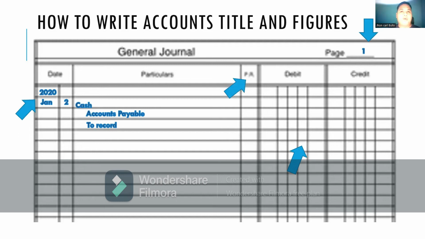PR stands for the posting reference that might be found on the chart of accounts, such as 101, 201, 302, 405, and the like. Okay? But in the first step, the general journal, once you are doing your journalization, you do not indicate the posting reference first, because we will indicate the posting reference once we are on step 2, the posting.